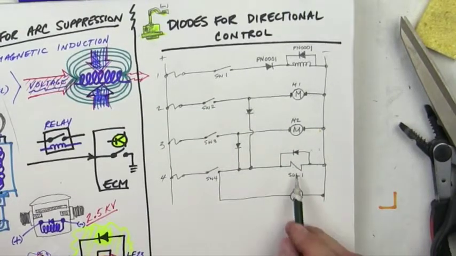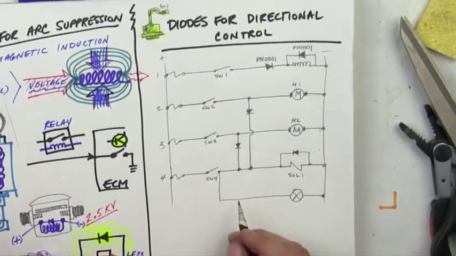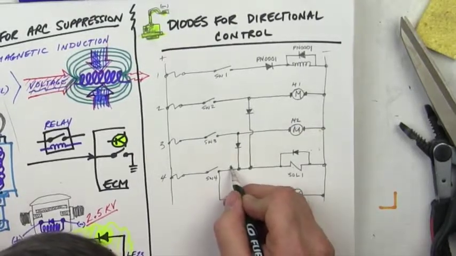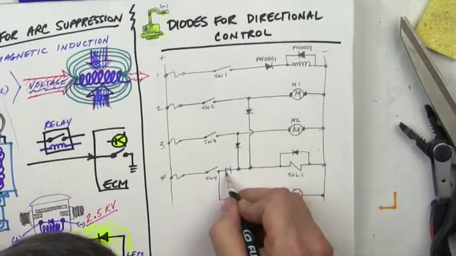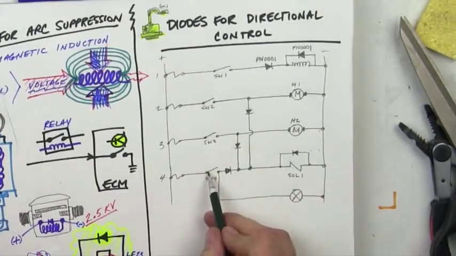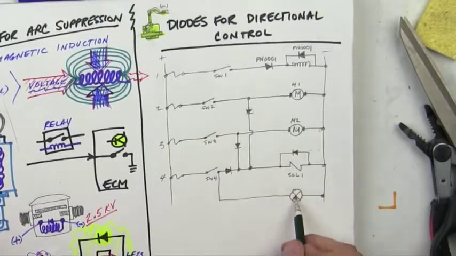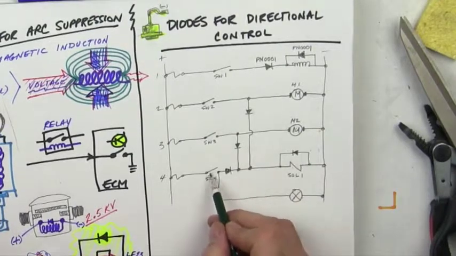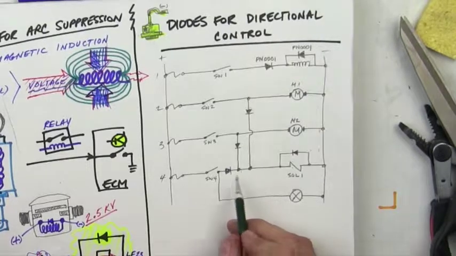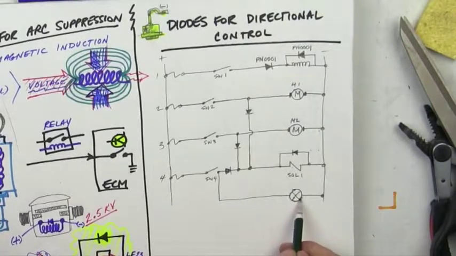Same here. But if we only want the light to warn us that the motor's on, then we put a diode here. Now what changes is that this light will not turn on unless that switch is on. So this tells us that the solenoid is on.